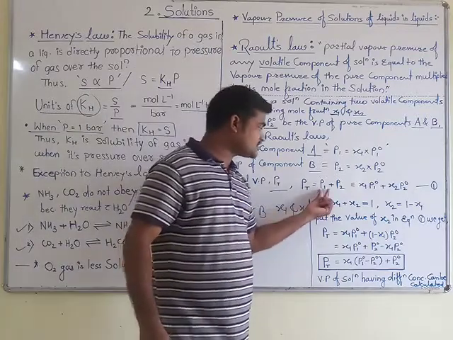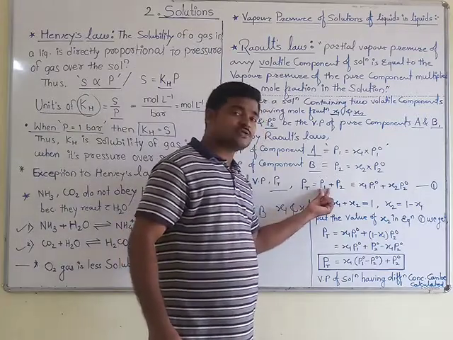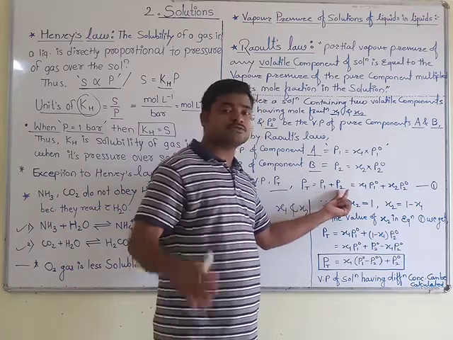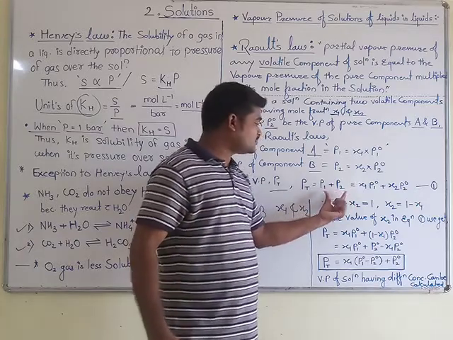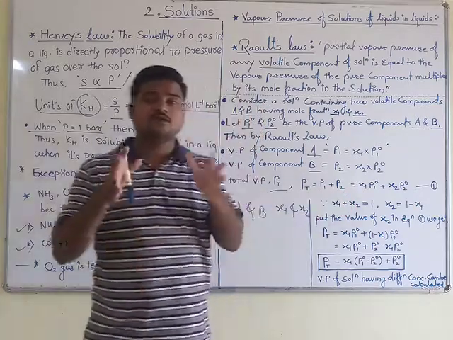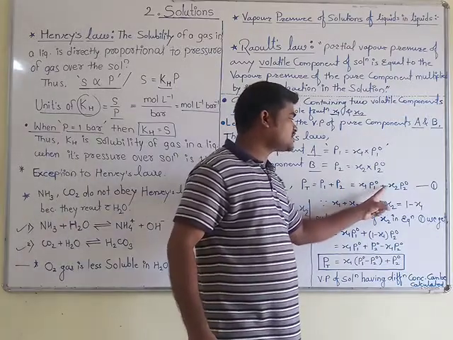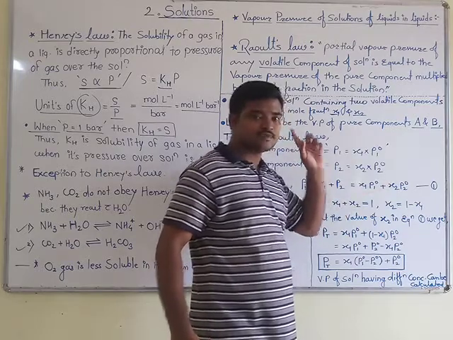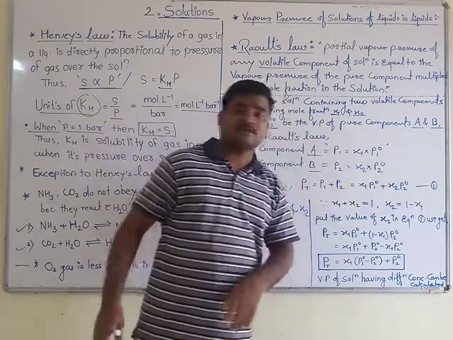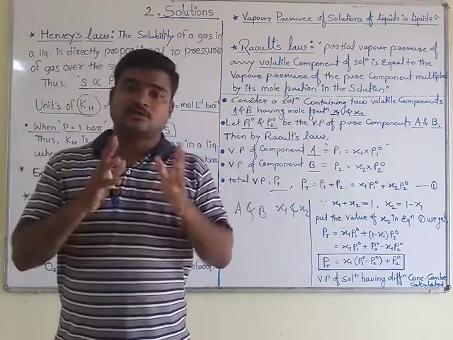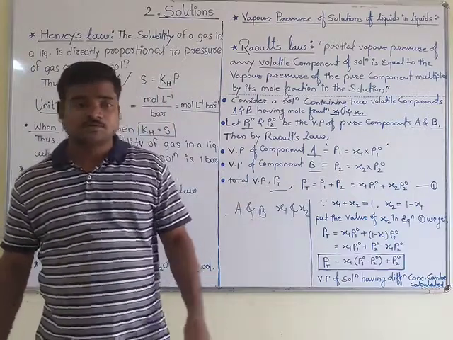P1 is the partial vapor pressure of the first component and P2 is the partial vapor pressure of the second component. Adding them, we get X1 P10 plus X2 P20, and we assign this equation number 1.